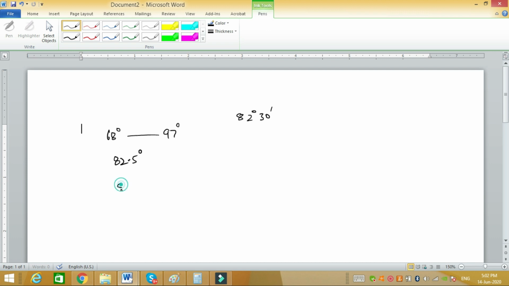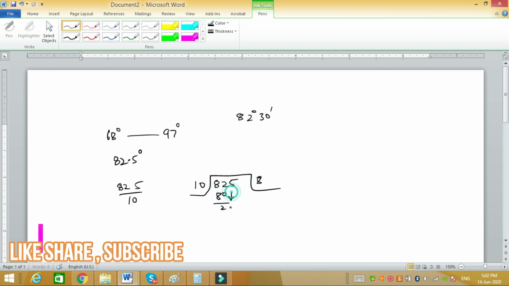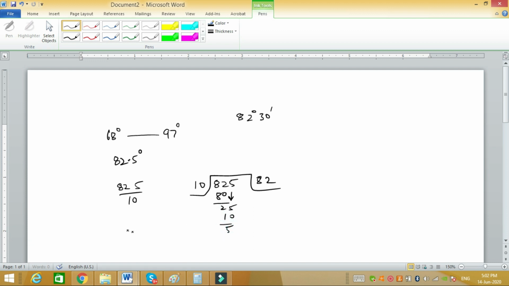What you have to do is convert the decimal degree into minutes. First omit the point and place the 10 here, and convert this term into a mixed fraction. 10 8s are 80, then 2, take 5 here, 10 2s are 20, then take 5, so this would be 82 and 5 by 10.